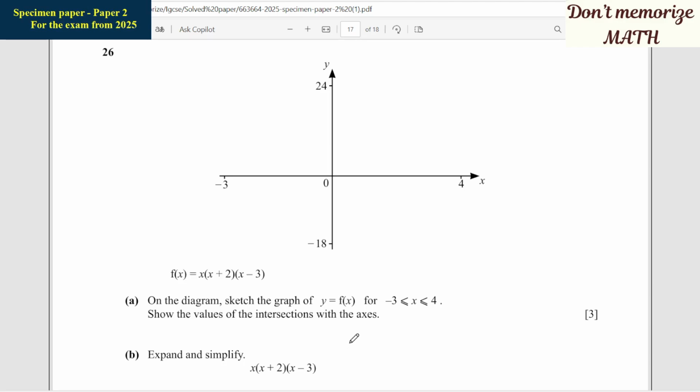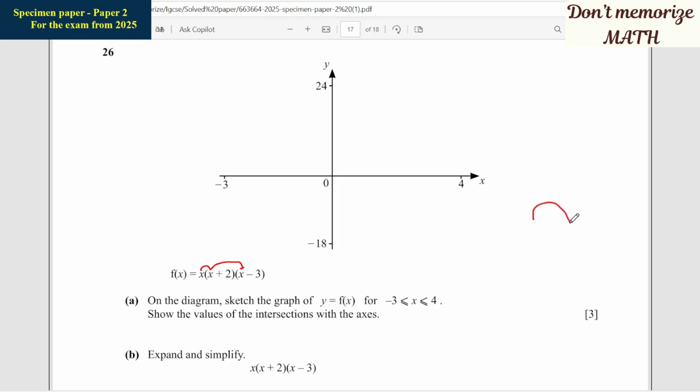Then see here, for this question, first thing, I'll tell you, this is a cubic graph. When you multiply x times x, you will get x squared, and again multiplying by x, you will get x cubed. So we have two types of cubic graph.